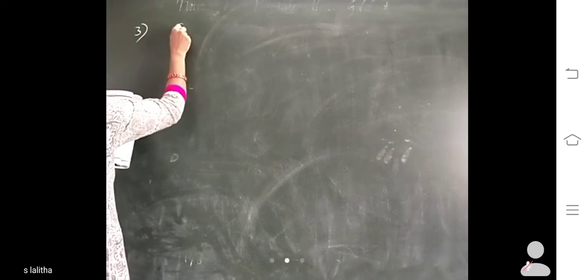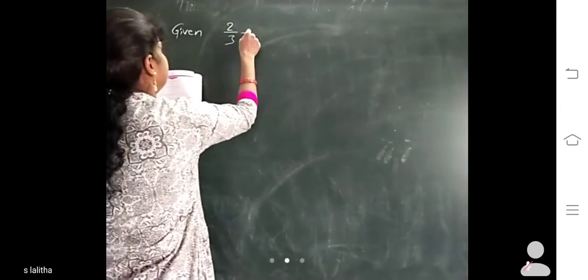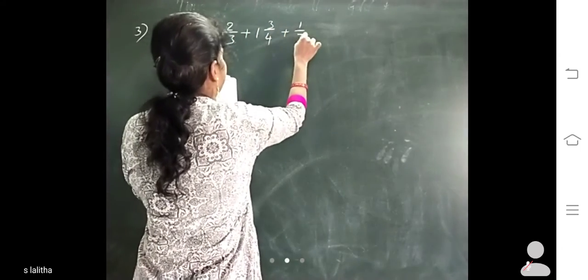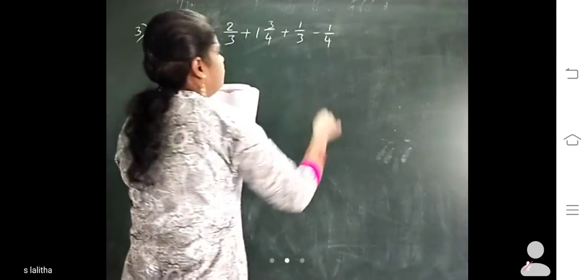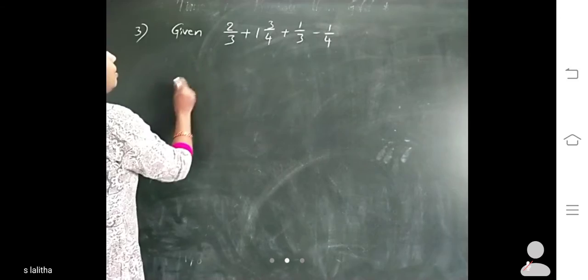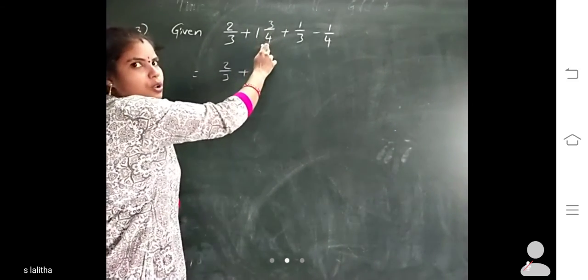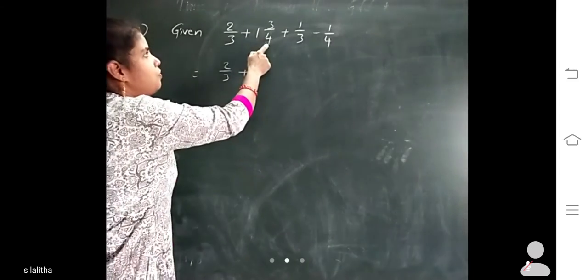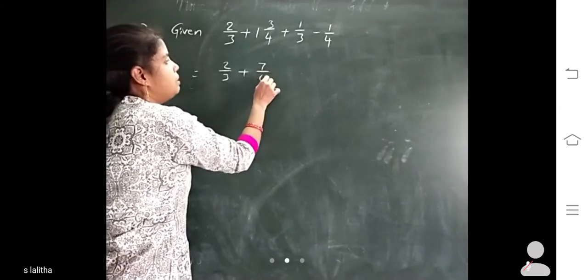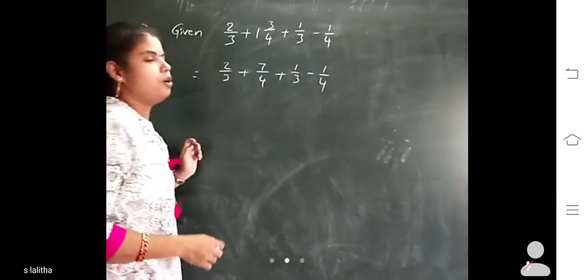Given 2 by 3 plus 1 3 by 4 plus 1 by 3 minus 1 by 4. Now this is a mixed fraction, you have to convert it to improper. 4 1s are 4, 4 plus 3, how much? 7. 7 by 4 plus 1 by 3 minus 1 by 4.